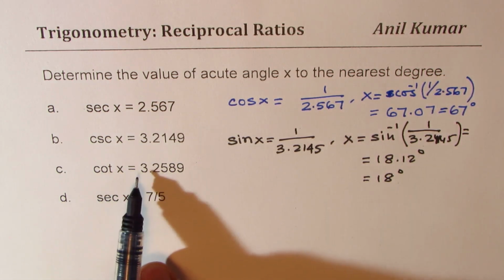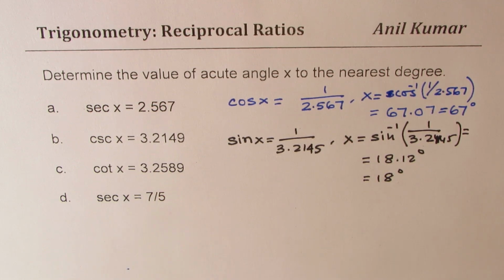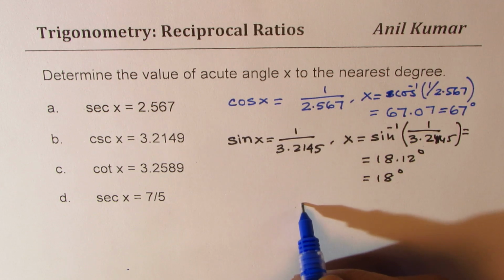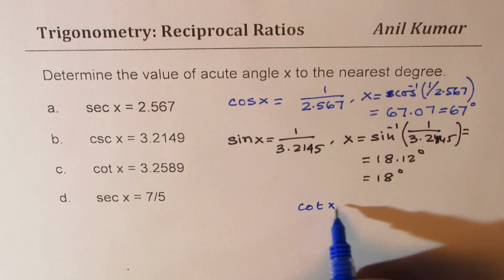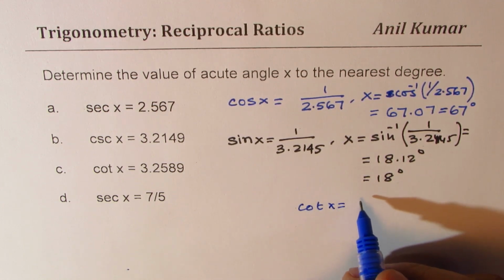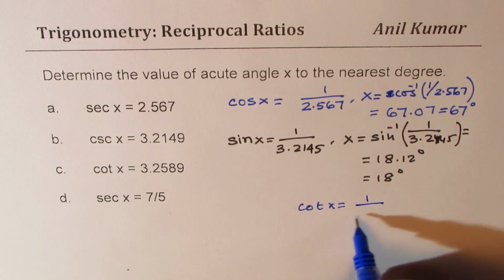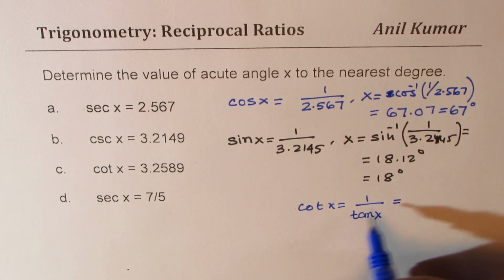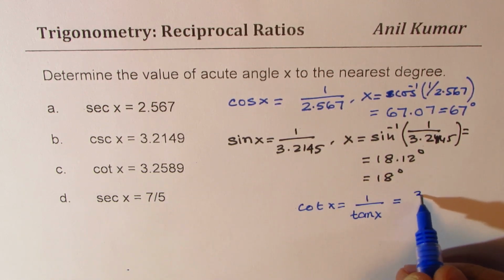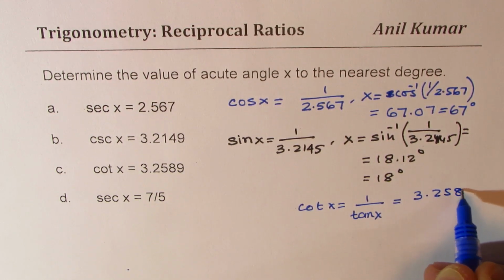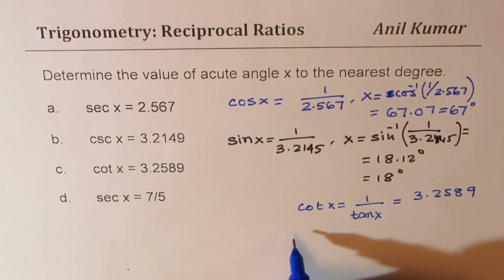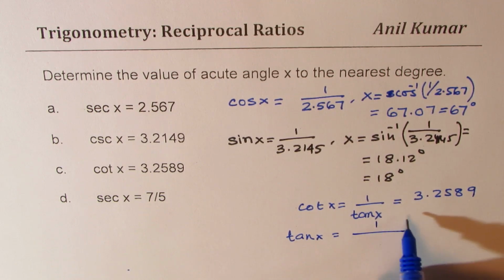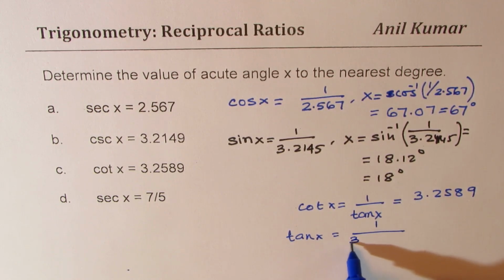Now let's do cotangent x, which is the reciprocal of tan. So we could say cot x is equal to 1 over tan x. Now we are given the value of 1 over tan x as 3.2589. So what is tan x equal to? Tan x is equal to 1 divided by 3.2589, you can just cross multiply.